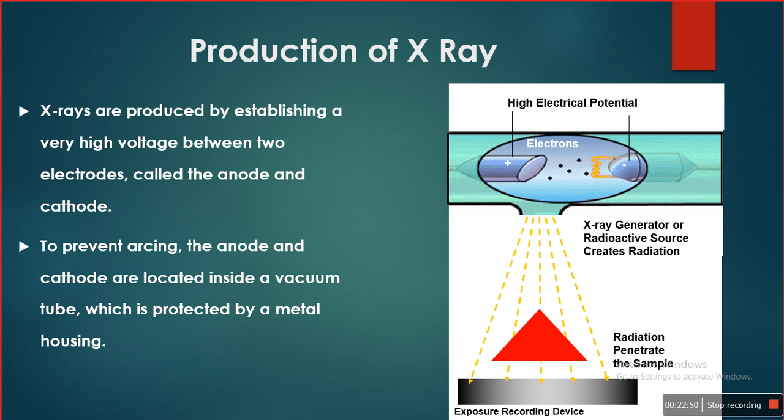The cathode emits electrons, those electrons are attracted towards the anode, and X-rays are emitted, or energy is transmitted through the window and it penetrates the object. So this is the representation of the production of X-rays.